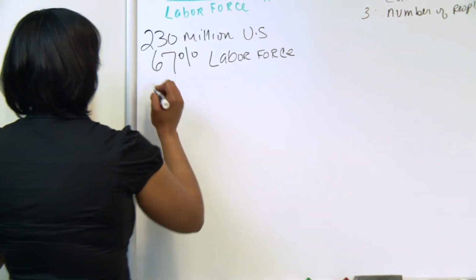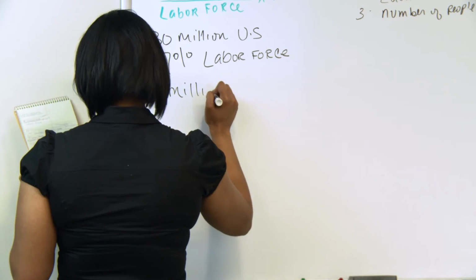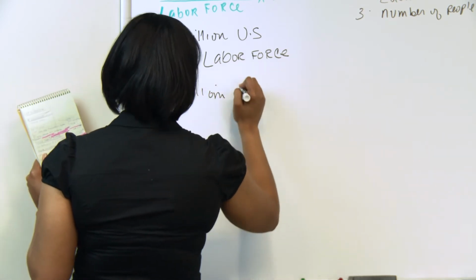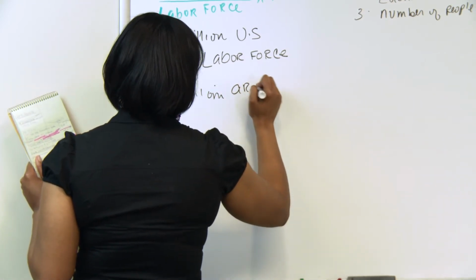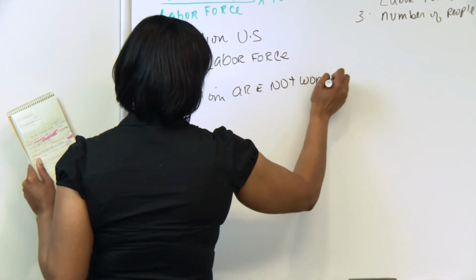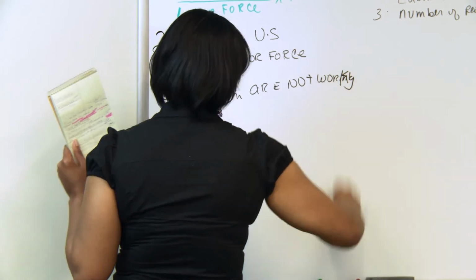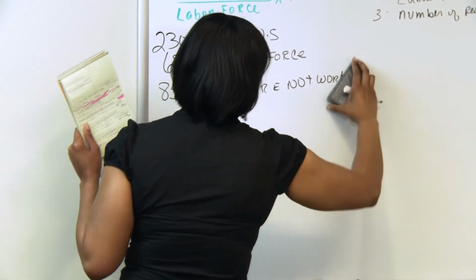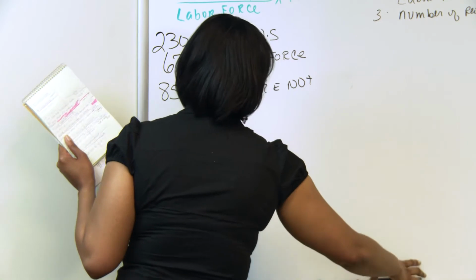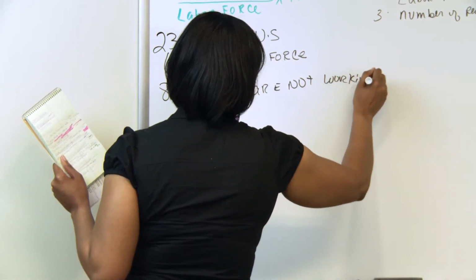And we're also going to assume that 85 million people or adults are not working. So these are our statistics that we are working with for purposes of our demonstration.